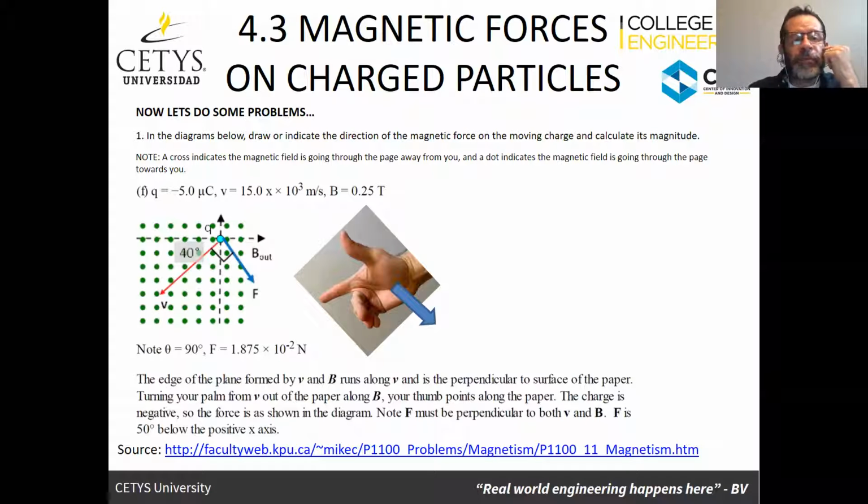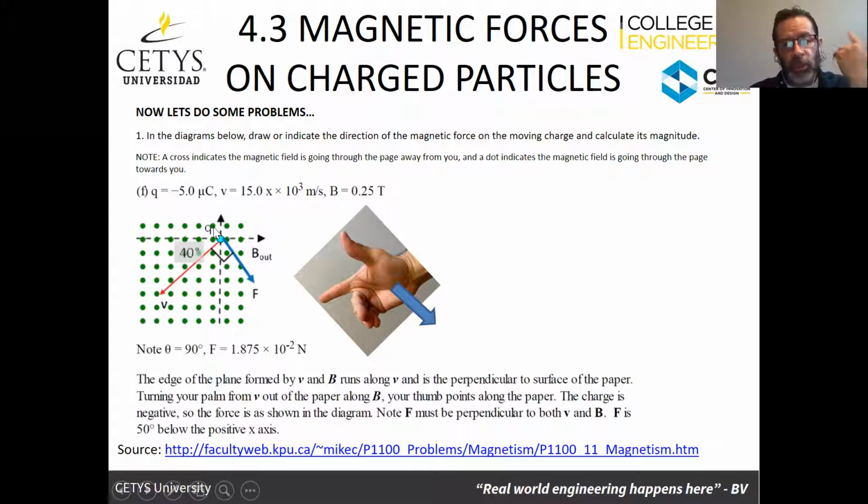And lastly, for this one, again, the magnetic field is going towards us because it's the dots. The index finger is going to be indicating the velocity. And so the thumb indicates the force, but the charge is negative. So instead of going towards the thumb, it's going away from it. Okay. That's basically the way we configure the right-hand rule.